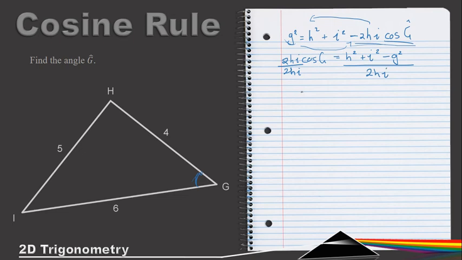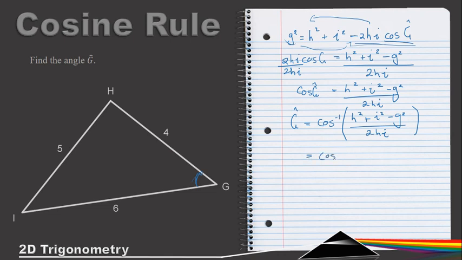What I have left is cos G is equal to h squared plus i squared minus g squared over 2hi. To find the angle on its own, the angle G will be the inverse of cos, or shift cos, of h squared plus i squared minus g squared over 2hi. And then substitute my values.